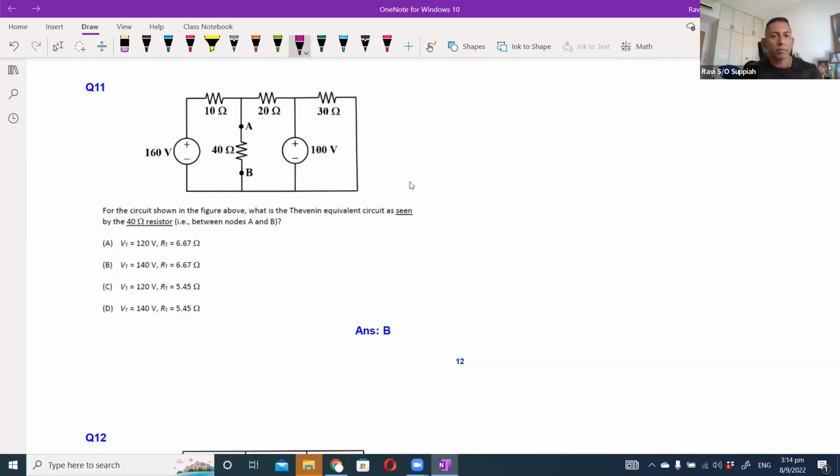Okay, question 11. Find the Thevenin equivalent. To find the Thevenin equivalent, basically we open circuit this. So you have 160 volt, 10, 20, 30, 100 volts.